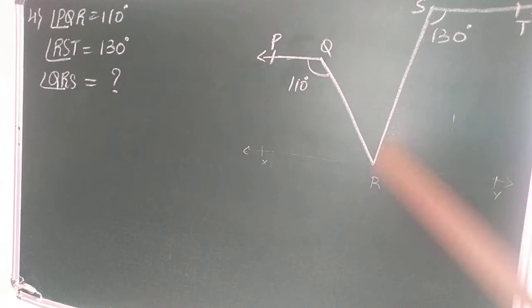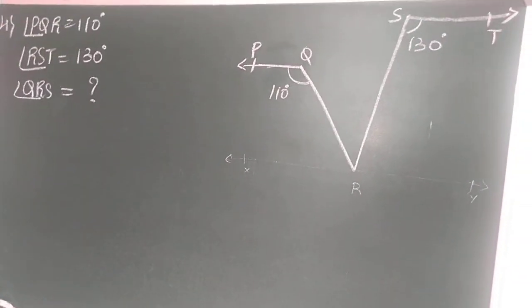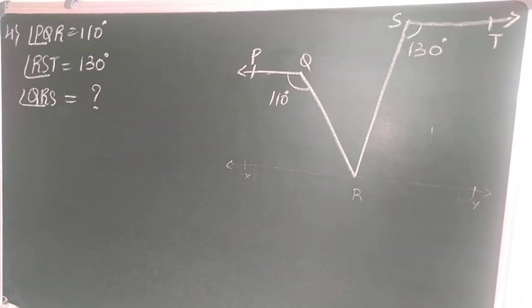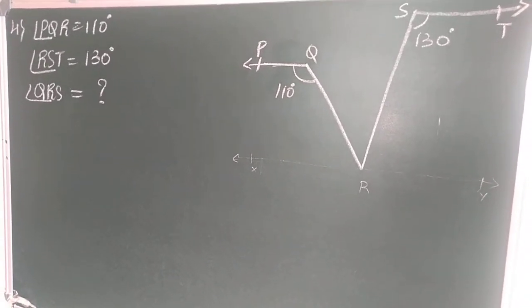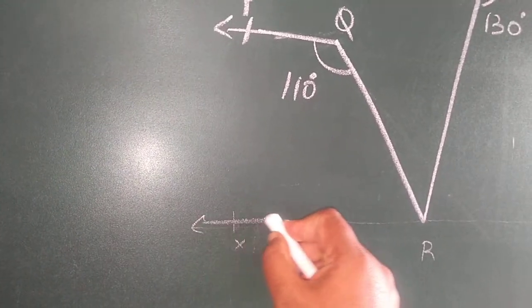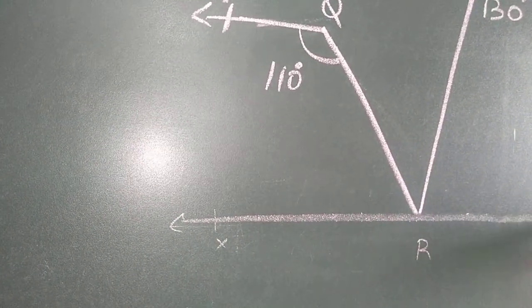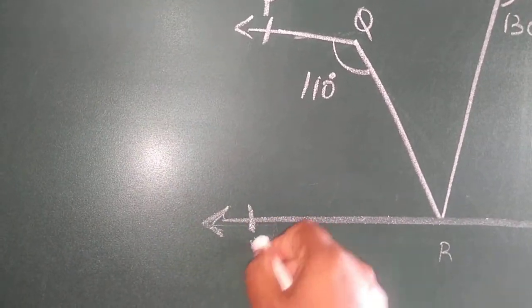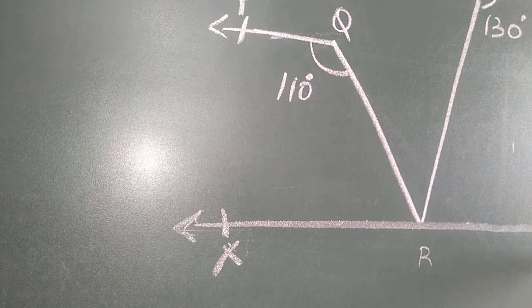And here they have given a hint: you have to draw a line parallel to PQ and ST such that it passes through R. Okay, here you are going to draw a line as a construction part such that it passes through R, and we are going to name it as X and Y.